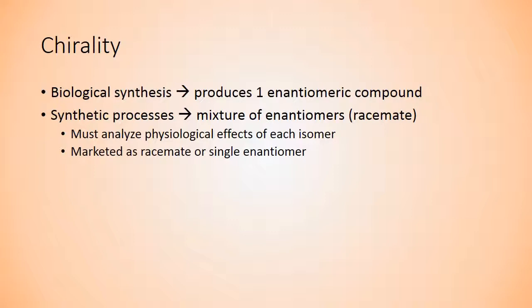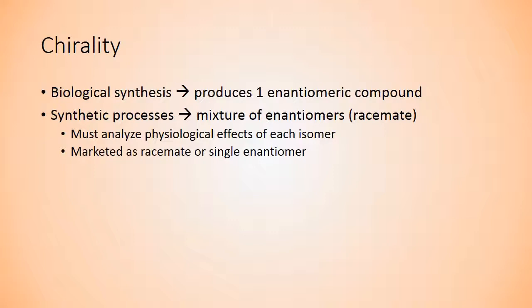And so essentially when we are creating drugs for the body, but in a laboratory, we need to know how many enantiomers are present. They call it a racemate because you're going to have not only the compound you need for the disease you're fighting, but you're going to have essentially a mate with it that is not going to help you at all. But before a drug can go onto the market, they must analyze all the physiological effects of each isomer.